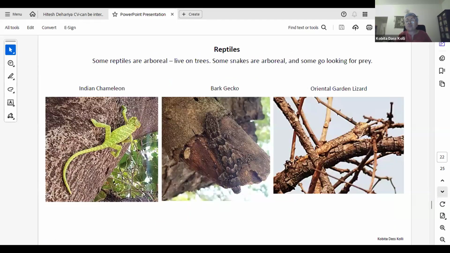Again, reptiles, of course, are easier to see, but at the same time extremely well camouflaged, mostly. So you have to look a little keenly. They either zip quickly away from you, or they're very well camouflaged and you can't see them. So please look out for them. Chameleons, again, move slowly, but they blend in very well.